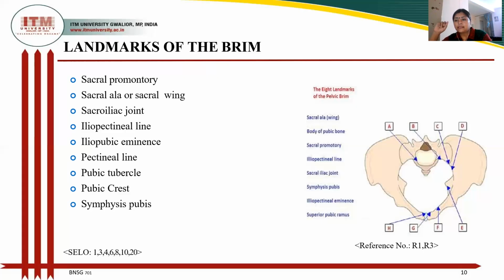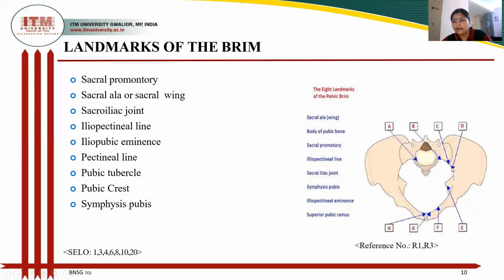Then go to the next point, point B. Just on the side of the promontory, you can see wing-like, flared structures. What do we call this structure? Sacral ala, or sacral wing. So the third landmark, point C, has been highlighted.